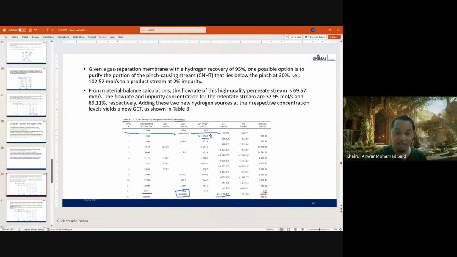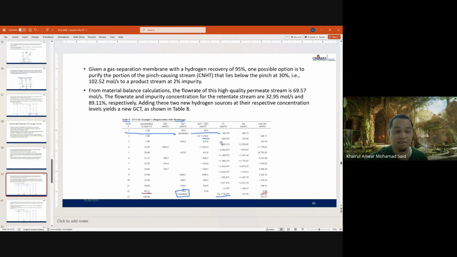After the purification, even the fresh hydrogen feed is of lower quality than the purified hydrogen from the last pinch point. That's why the FF is below the 69.6.